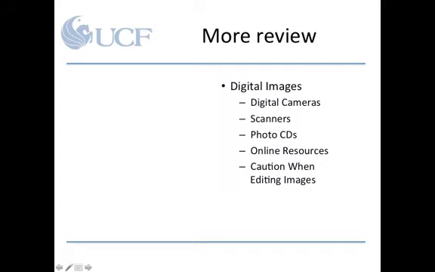One thing to consider, though, when using images is copyright, so it's very important to follow copyright, and also be cautious when editing images. It's important to understand what you're doing, maybe even have multiple copies of the digital images, have one as sort of a sandbox, to play around with, and the other as a backup to that image in case you make a mistake and get it beyond repair.